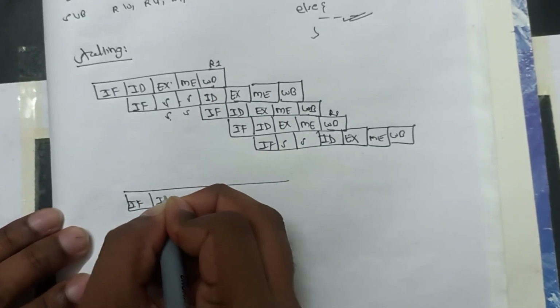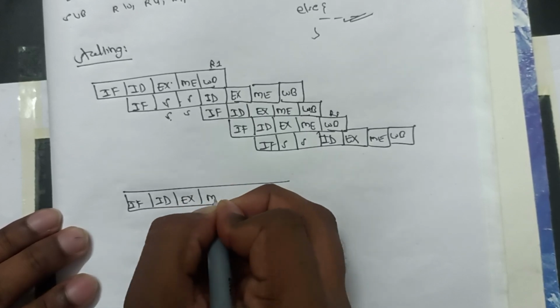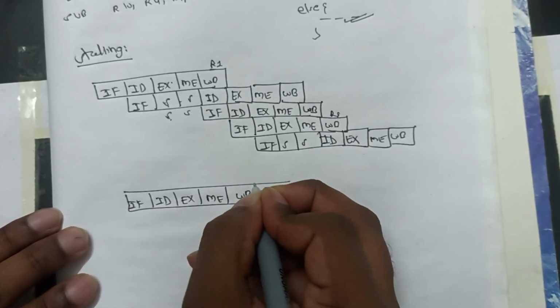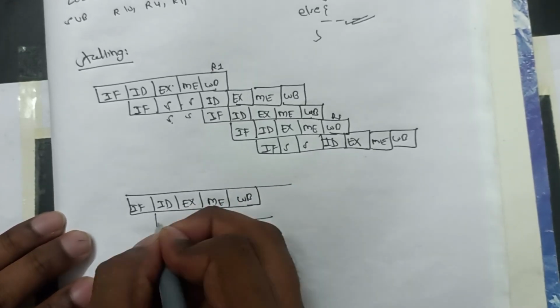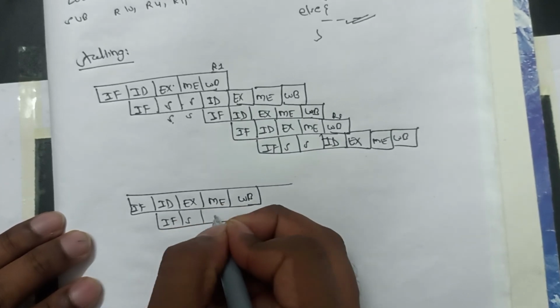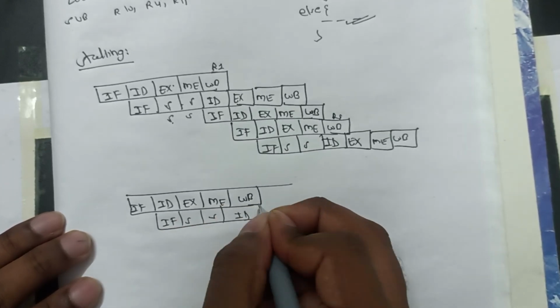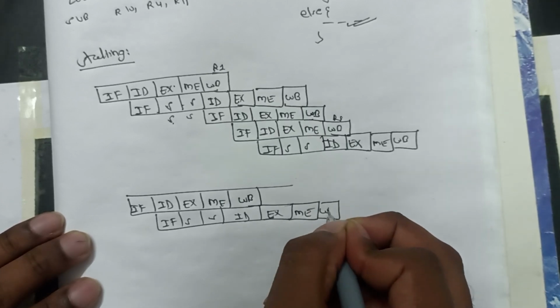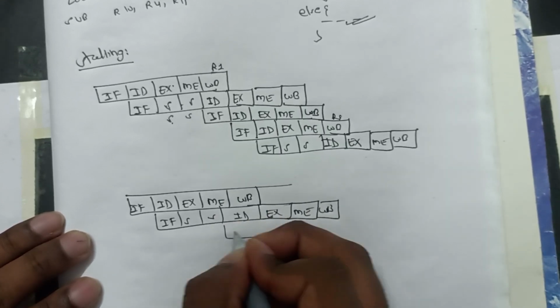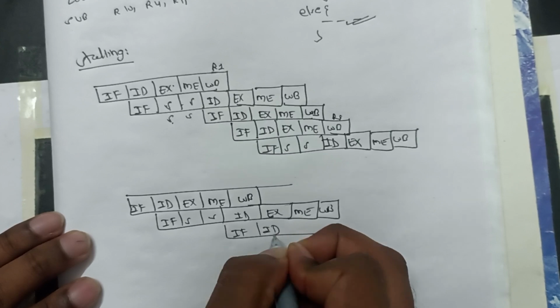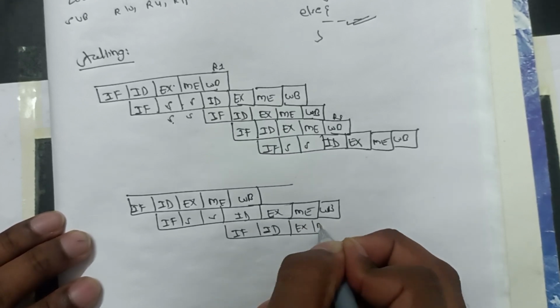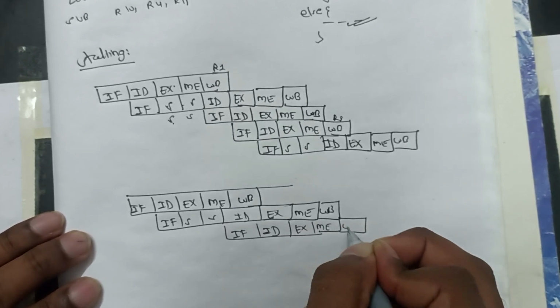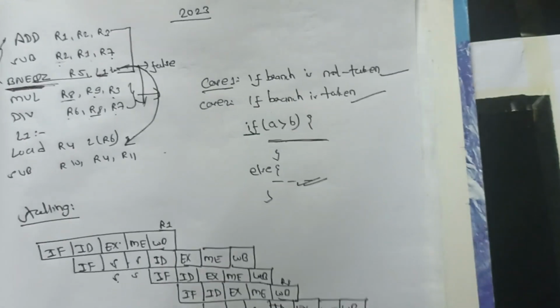IF, ID, EX, ME, WB. Then subtract: IF, stall, ID, EX, ME, WB. Same, IF, ID, EX, ME, WB. We have solved the question.